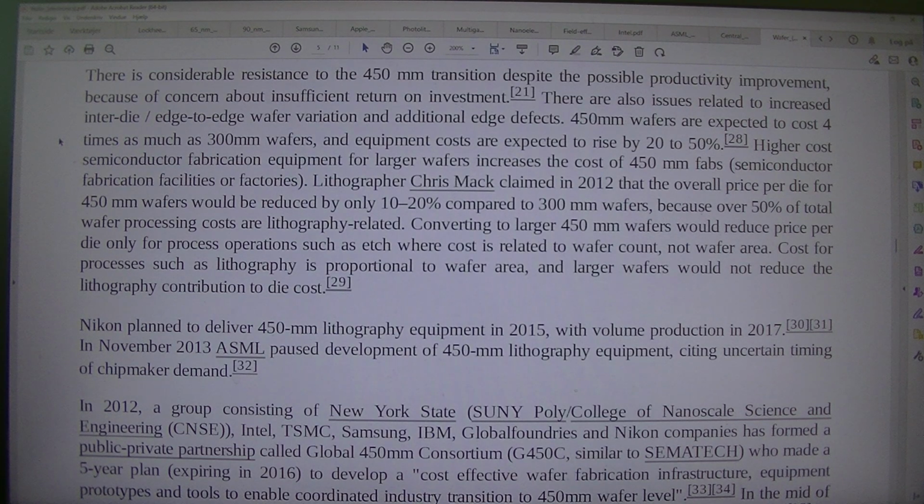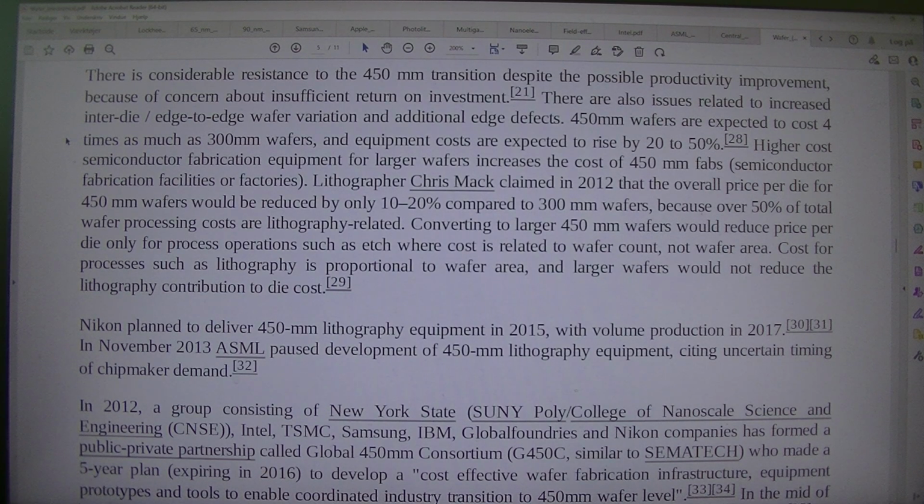Higher cost semiconductor fabrication equipment for larger wafers increases the cost of 450 mm fabs, semiconductor fabrication facilities or factories. Lithographer Chris Mack claimed in 2012 that the overall price per die for 450 mm wafers would be reduced by only 10–20% compared to 300 mm wafers, because over 50% of total wafer processing costs are lithography related.